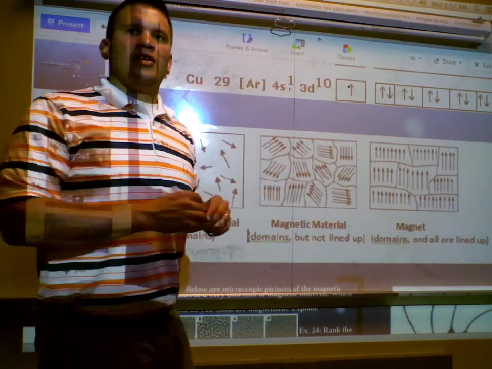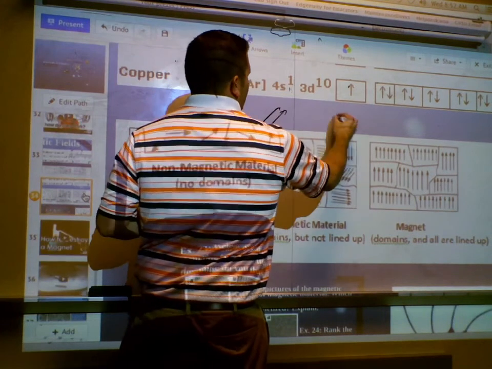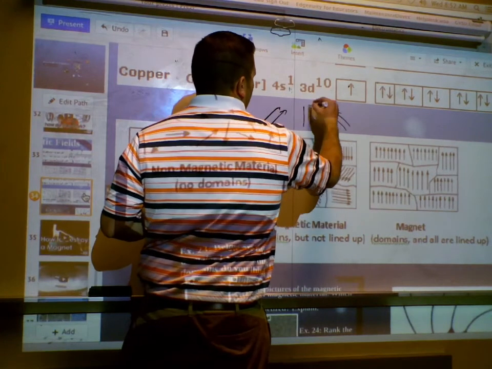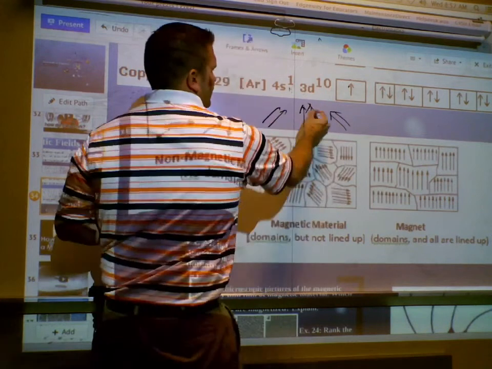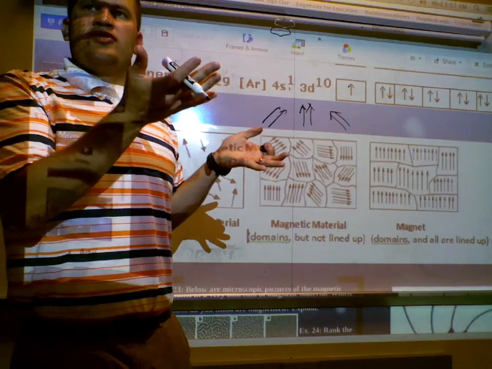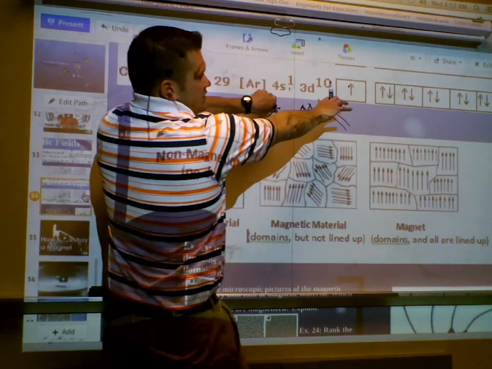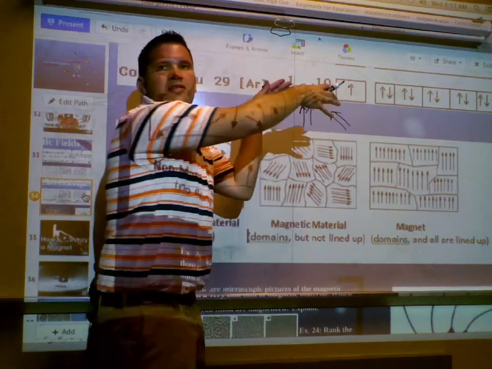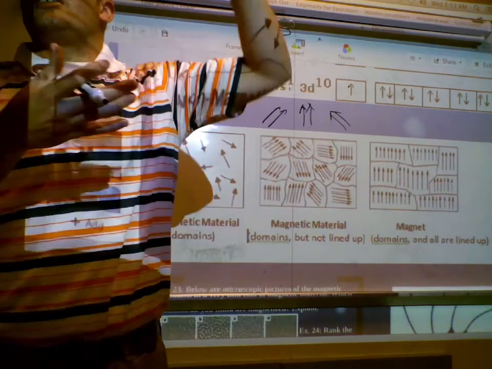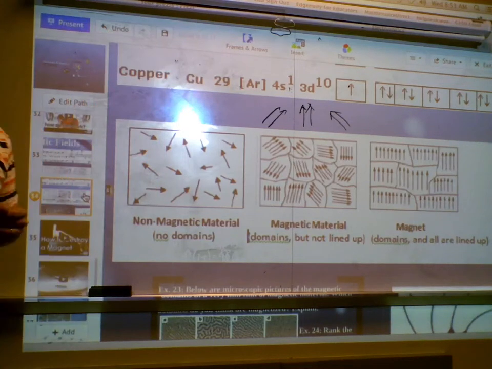So I might have some domains over here pointing this way, some domains over here pointing this way, and some domains pointing that way. So they're all kind of pointing in the same direction, right? So when I add up all their vectors, we get a vector pointing that way. But if all of these domains were all pointing straight up, then the vector addition will be a much greater vector, which makes a much stronger magnet. Does that make sense, Richard? Okay. Any other questions?